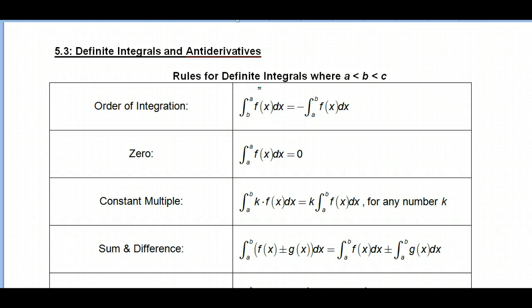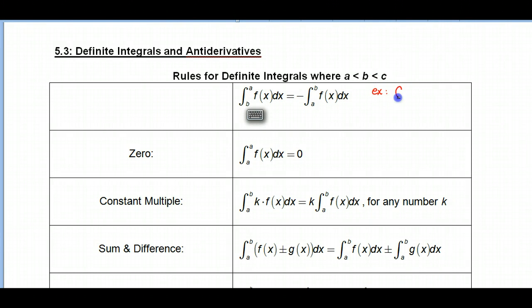The first one: normally an integral would go from the lower bound to the upper bound, but if these are opposite, if the bigger number is on the bottom, then we change it to a negative and we can switch them. Always. So a quick example: if I have the integral from 3 to 1 of f of x dx, I could switch this around and go from 1 to 3 of f of x dx, with a negative.